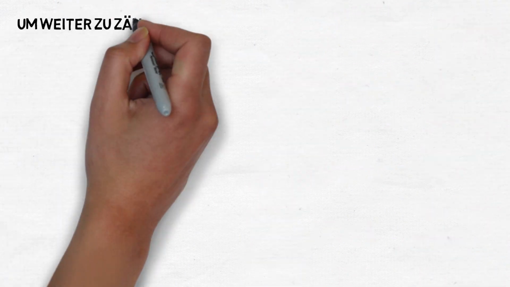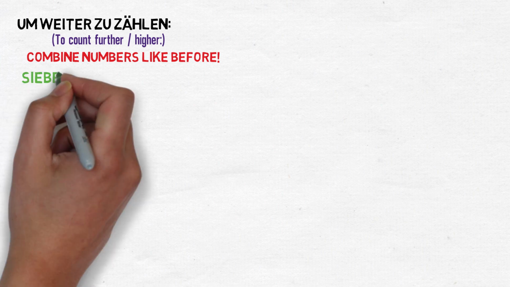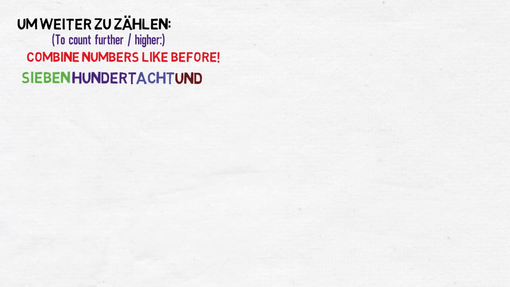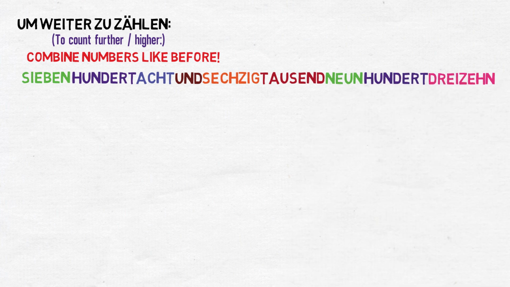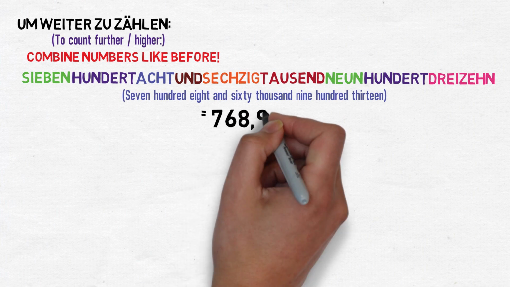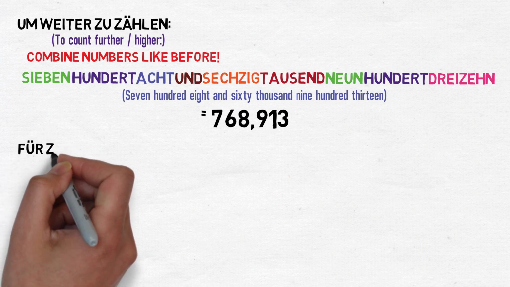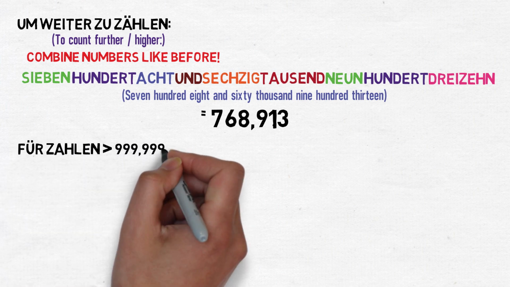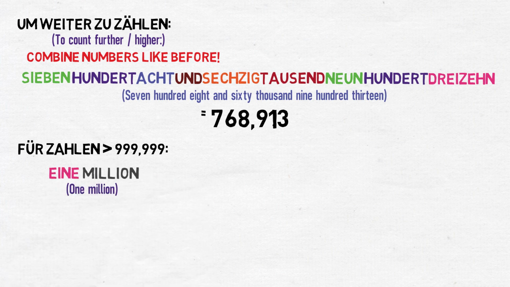To count even higher, combine the numbers as before. 700, 68, 1000, 913. 768,913. To go higher than 999,999, we use the words eine Million for 1 million, and this is where the words separate.